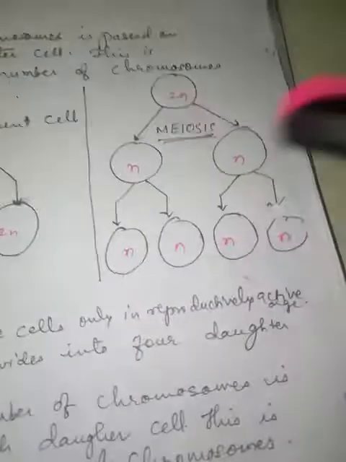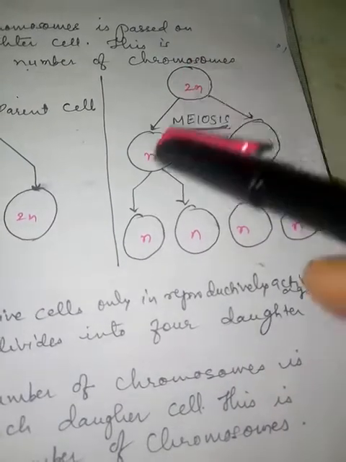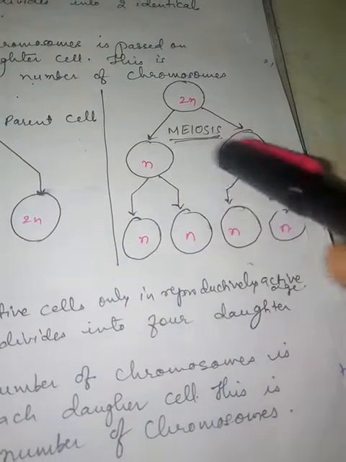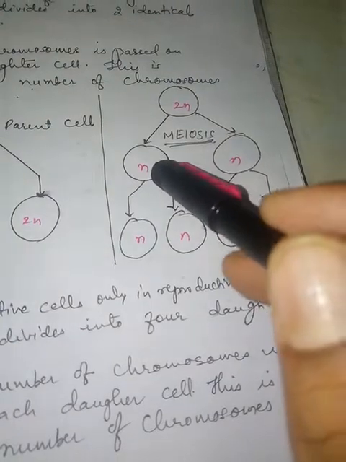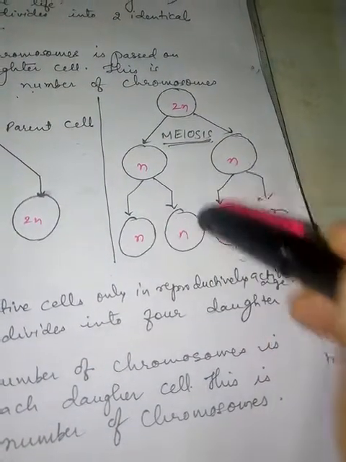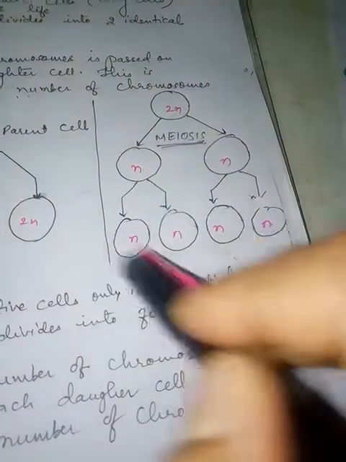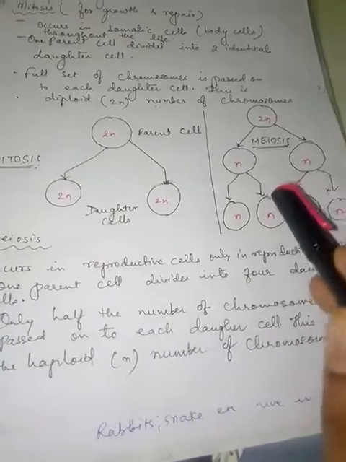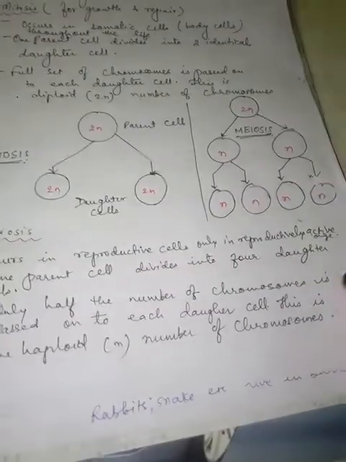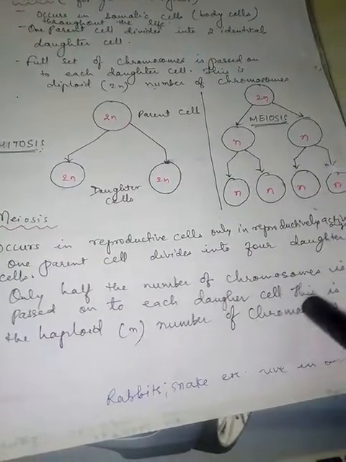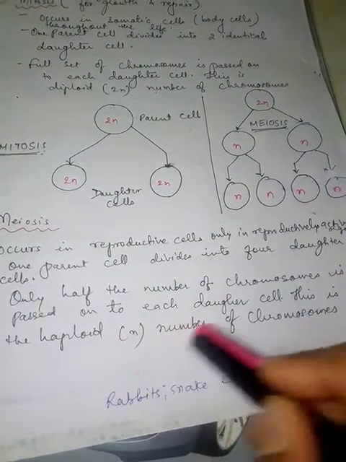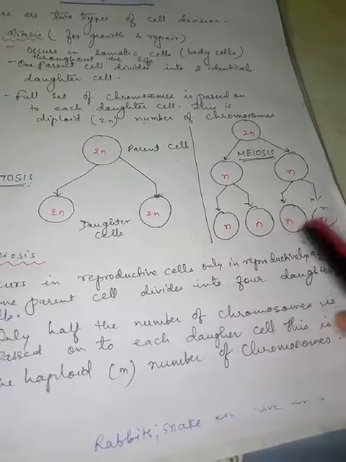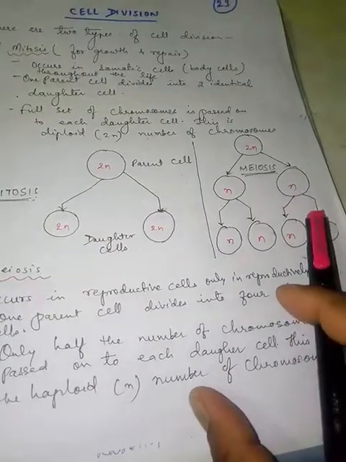You can see in this diagram the parent cell's first division gives rise to two cells, and then each of the cells further divides into two, and at last we get four daughter cells from the single parent cell. And here a very important thing is that only half the number of chromosomes is passed on to each daughter cell, and this is the haploid number of chromosomes, means 23 chromosomes are present in each of the daughter cells and not the 46.